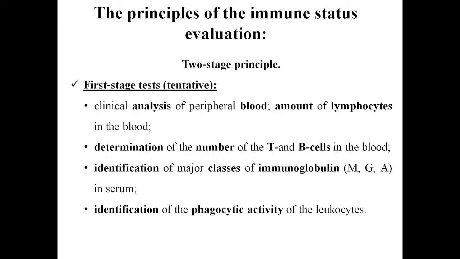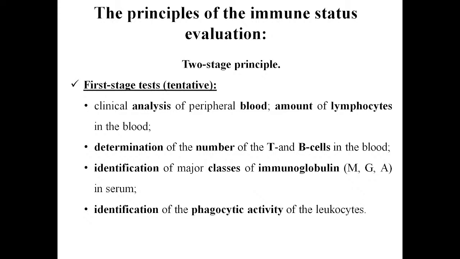In blood test, we can see amount of red blood cells, for example. Then, amount of lymphocytes in the blood. It is the first test that is made. And we can see amount of different cells, blood cells and immune cells.